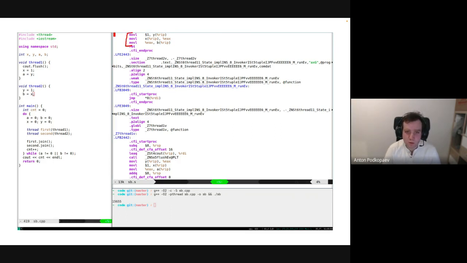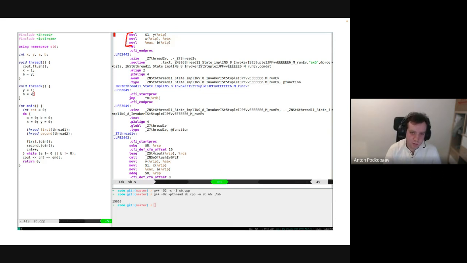So here what we do, we first write 1 to Y, then do a read from X. So actually the reading is split into 2 instructions because we need to read through a register.